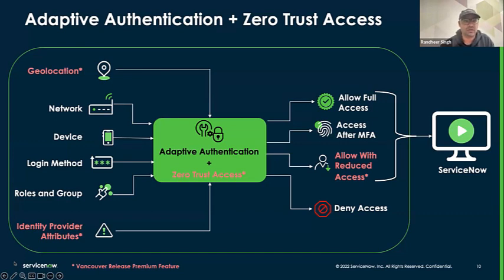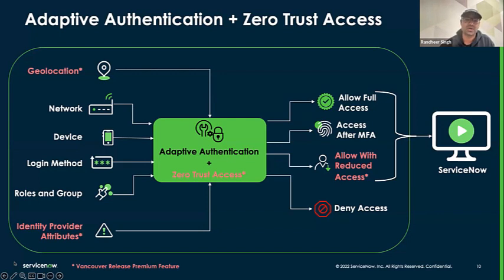On the left side, you are seeing the options that are available in the adaptive authentication policy, and on the right side, you have outcomes. With this policy, you can either allow full access, or you can enforce MFA before providing access to the instance.